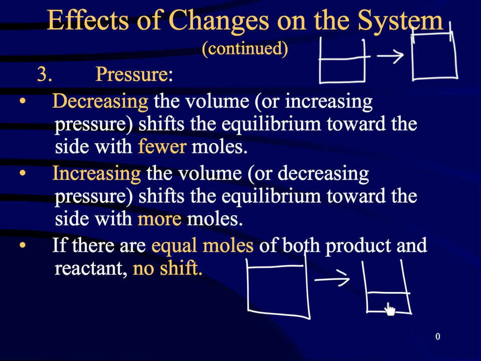Whatever side has the least amount, that's where your equilibrium is going to shift. Now, sometimes you might have equal mole amounts on both sides of the arrow. If that is the case, then there will be no shift in your equilibrium at all. So once again, if you have equal moles on both sides, no shift.